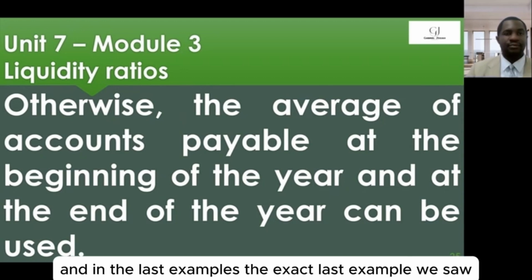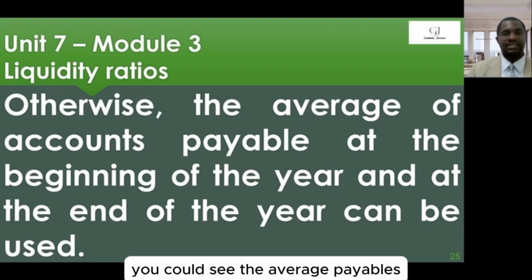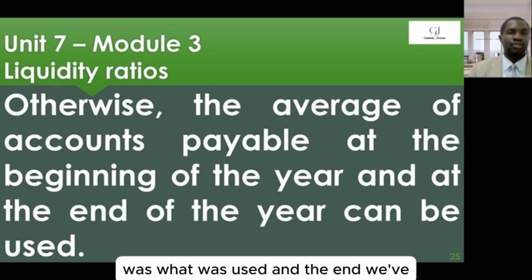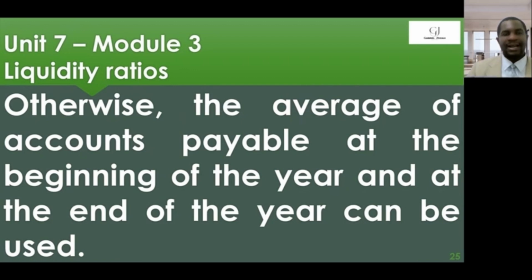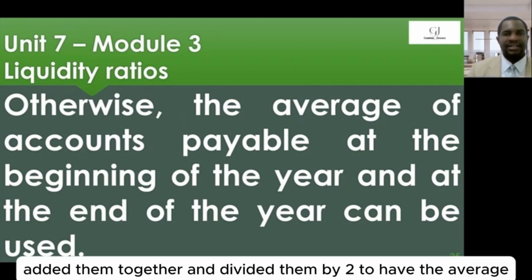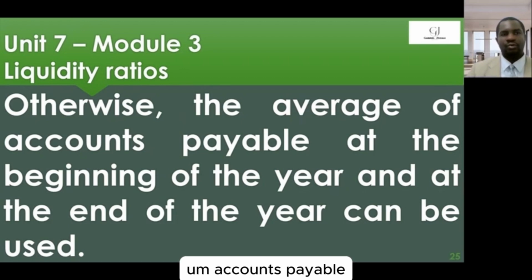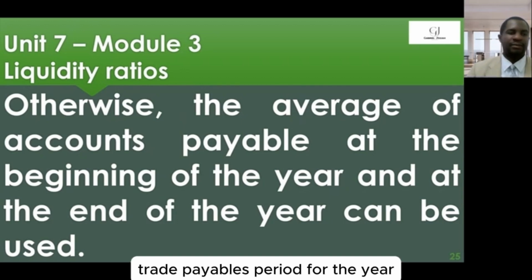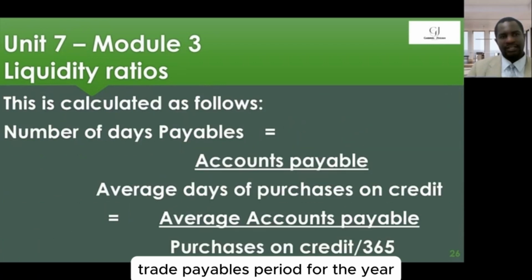In the last example we saw with the trade payables period, the trade payables for the beginning and at the end were added together and divided by 2 to have the average accounts payable, which is the accurate calculation of the trade payables period for the year.